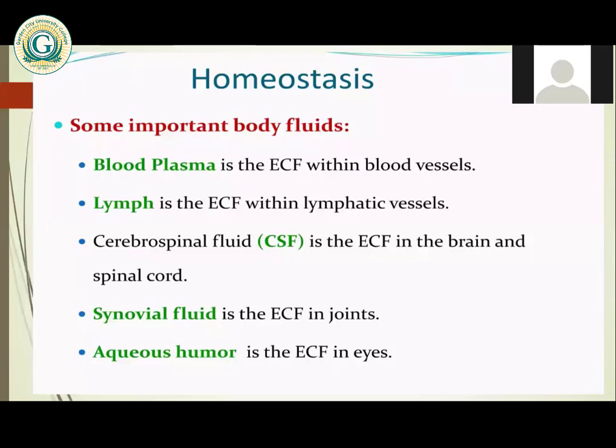These are found in joints and in some spaces, for example, the pleural cavity, in between the lungs and the chest wall. That fluid is also an example of transcellular fluid. So these small volumes of fluid found in these spaces are under transcellular fluids. Thank you, madam.